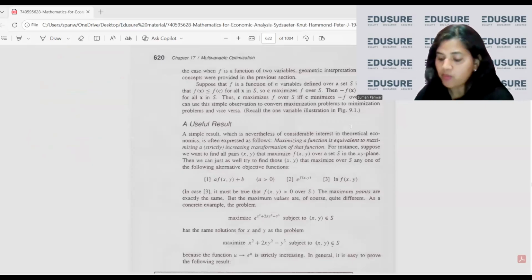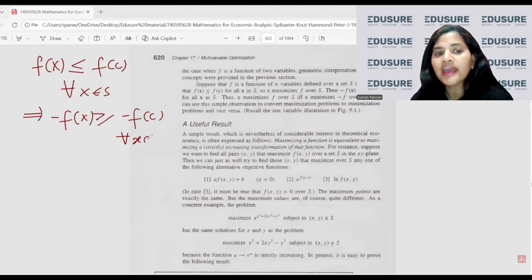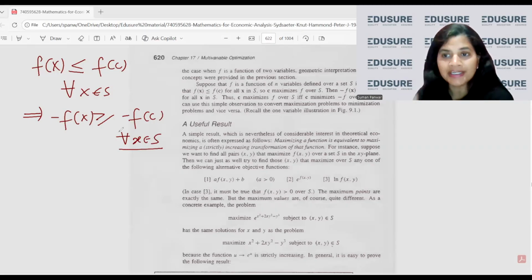Always remember one thing: if f(x) is less than or equal to f(c) for all x in S, this means that minus f(x) is greater than or equal to minus f(c) for all x in S. Obviously, when we multiply an inequality by a negative number, the inequality gets reversed.